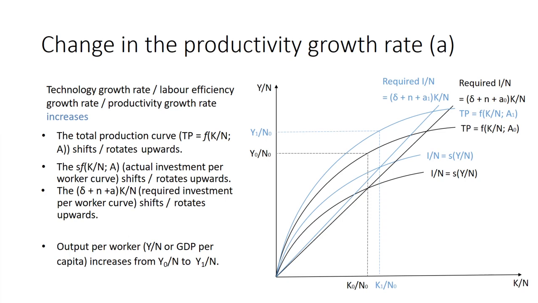It's not just a move along the total production curve. And we also don't have the other types of limitations to productivity growth rate because theoretically it could increase infinitely. And so we can absolutely use this as a way to ensure sustained economic growth into the future.